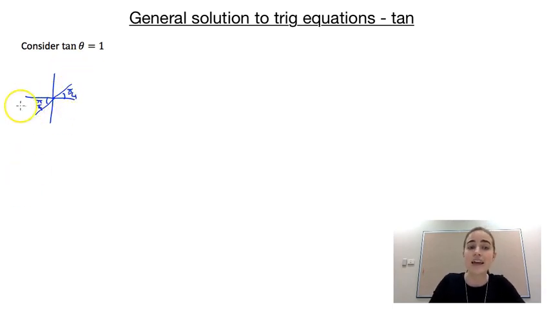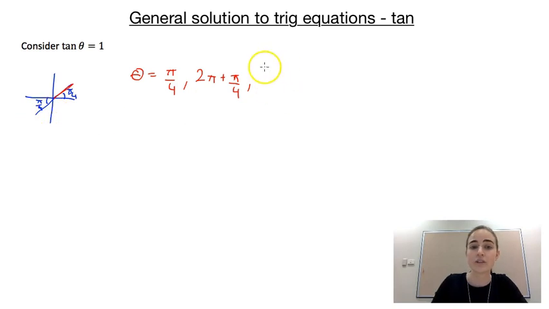So we're going to consider each of these solutions separately. If we have a look at this one here first, we're going to end up with theta equals, on our first revolution, it will just be pi on 4. Then if we come all the way around, we'd have 2 pi plus pi on 4. If we do another revolution, we'd have 4 pi plus pi on 4. And we could keep going.